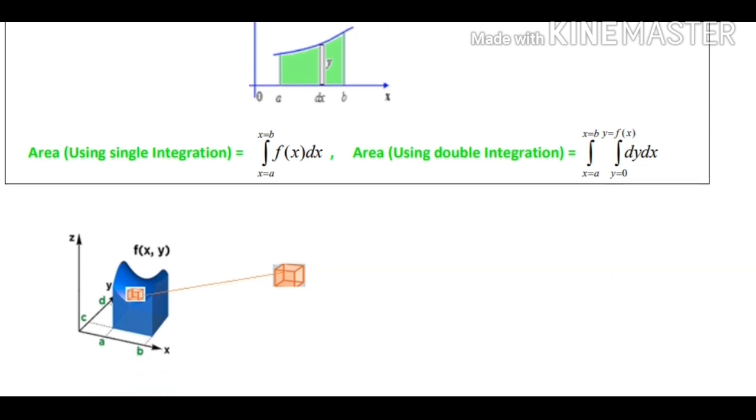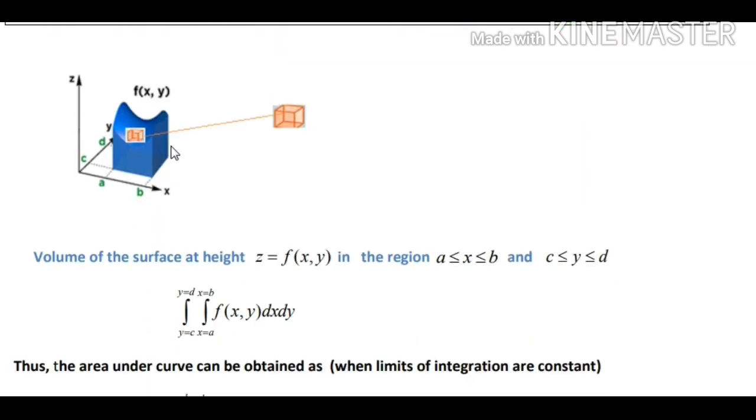Next we find volume of a surface using double integration, where z equal to f(x,y) is a surface. We take a small portion of the surface. Let the small portion be given by a cuboid, and we know that volume of this cuboid is length into breadth into height.